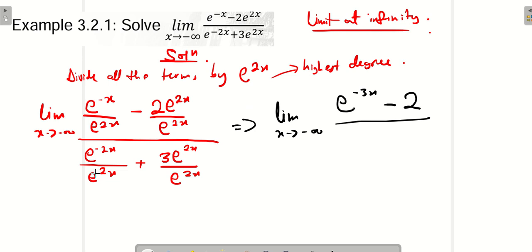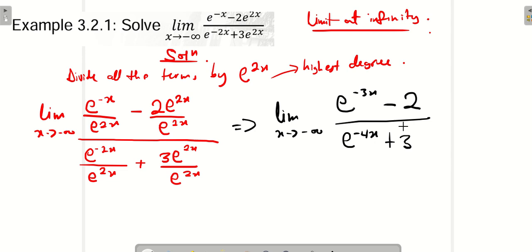All divided by e to the power negative 2x minus 2x, which is e to the power negative 4x. Then finally we have plus the constant 3, because e to the power 2x over e to the power 2x will cancel.